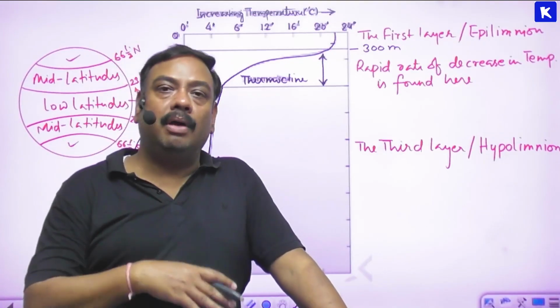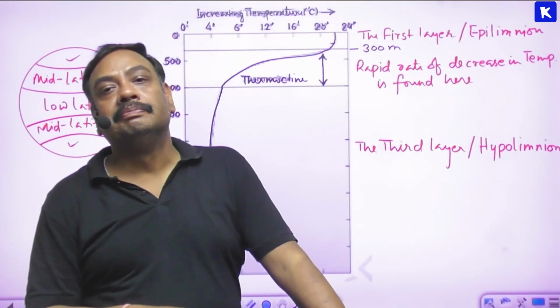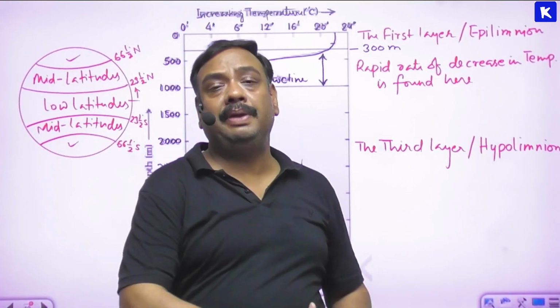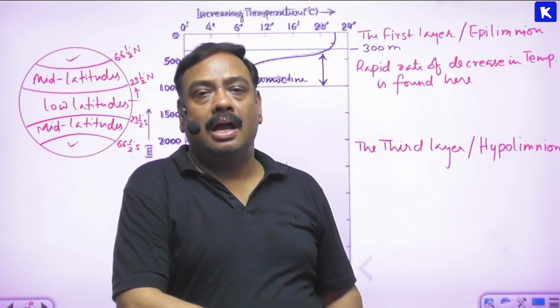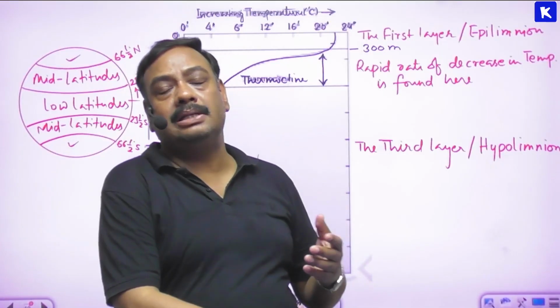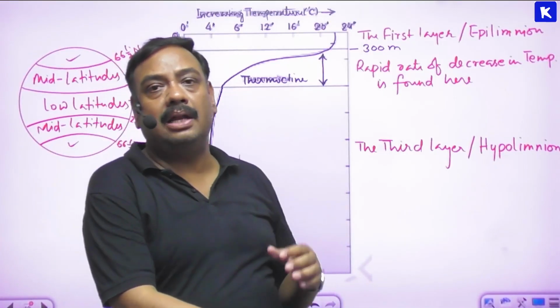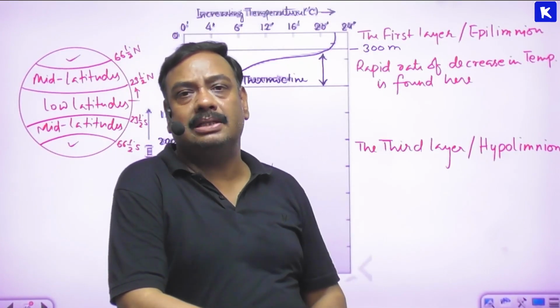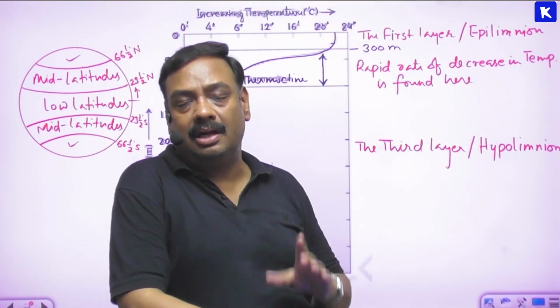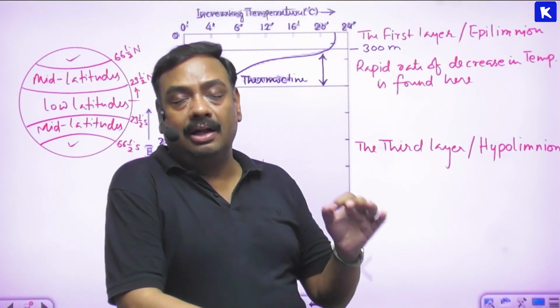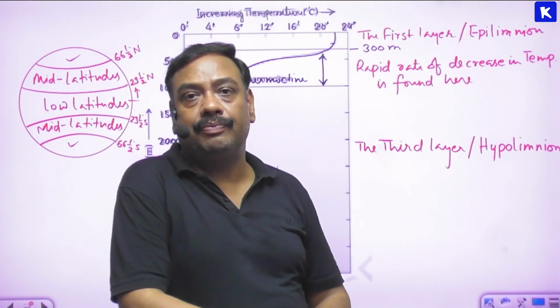Now, we all observe, since we are living in the northern hemisphere, that after 21st of March the straight rays of sun are moving towards the Tropic of Cancer. On 21st of June it exactly reaches the Tropic of Cancer.